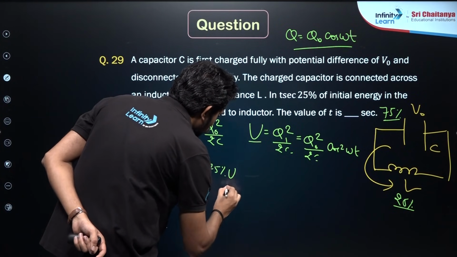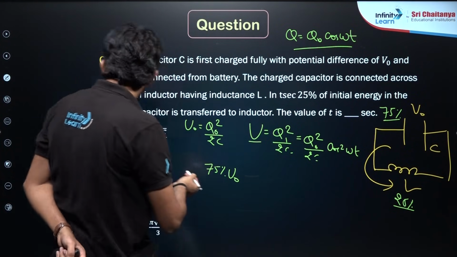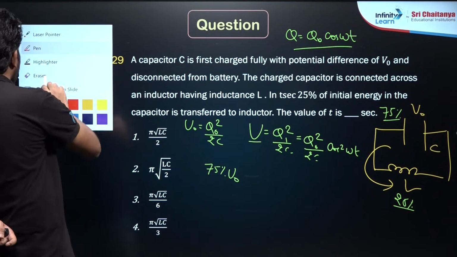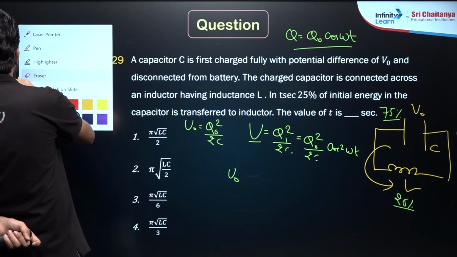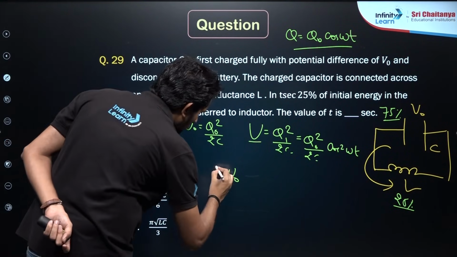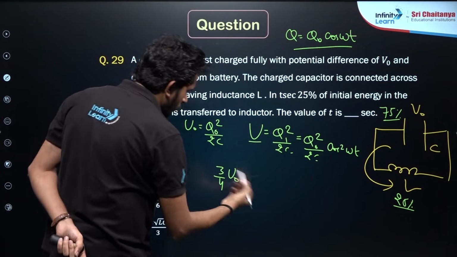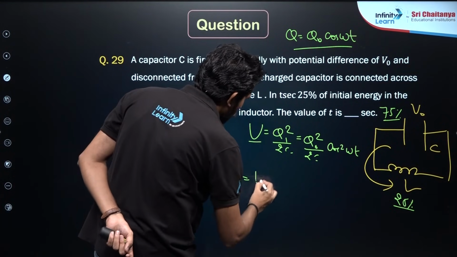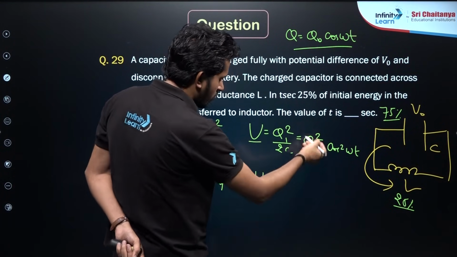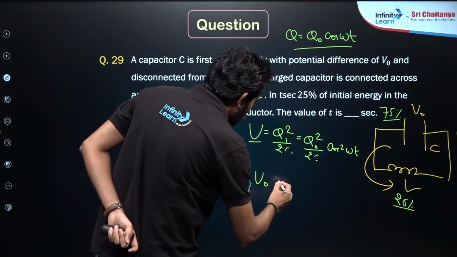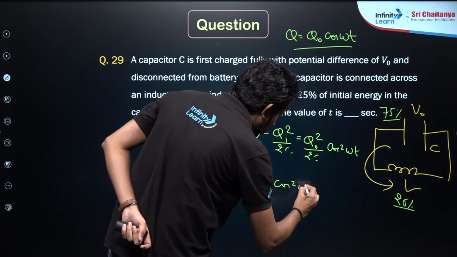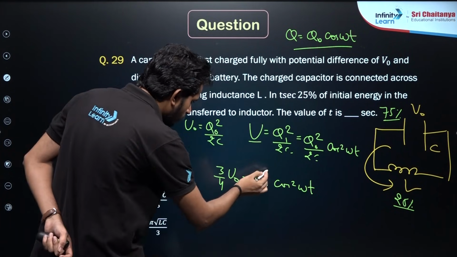U is 75% of U naught, or I could also say 3 by 4 of U naught equals Q naught square by 2C, which is U naught, times cos square omega t. Simple.